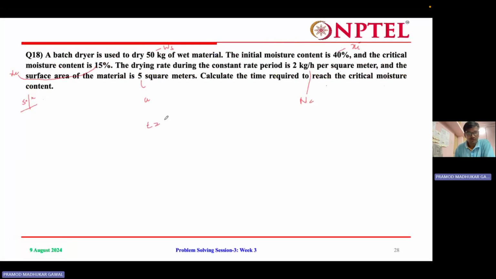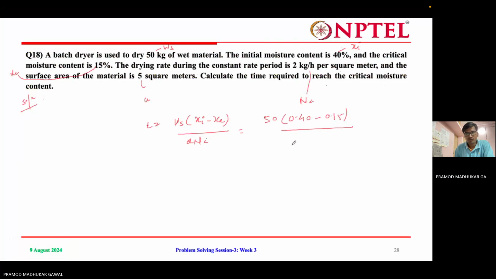So t is equal to Ws (Xi minus Xc) divided by A into Nc. Okay. So 50 into (0.40 minus 0.15) divided by 2 into 5, that is 1.5.